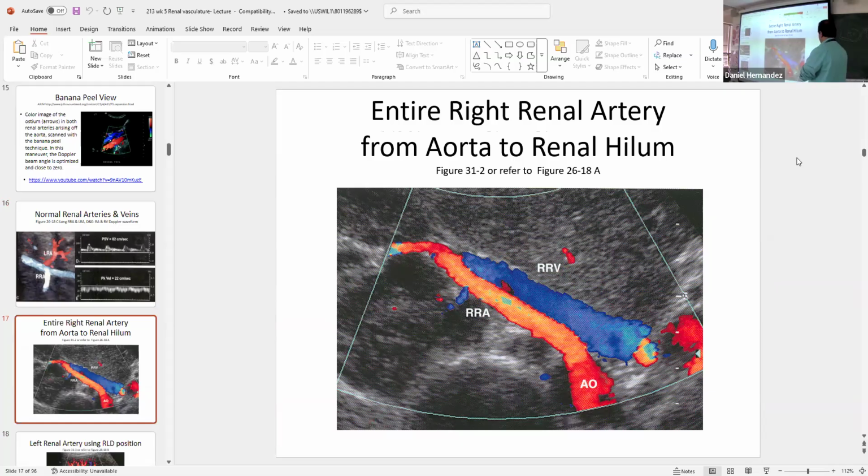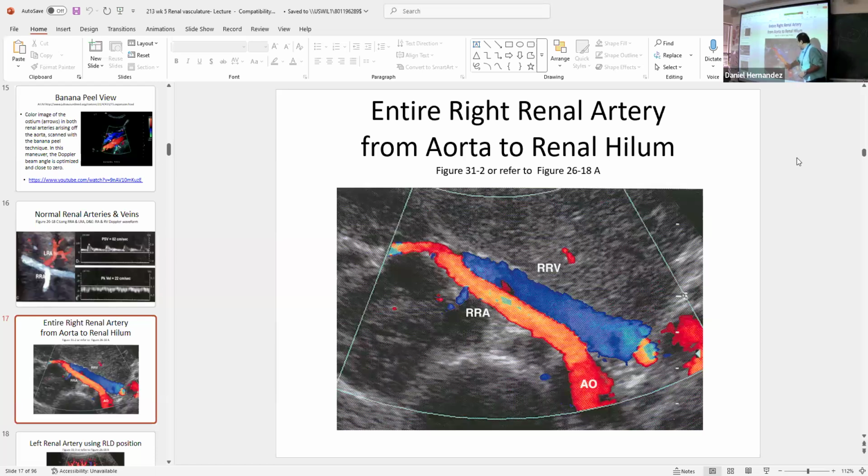And then depending on the patient, you can sometimes get nice pictures showing the entirety of the vessel. It's going to become important for us to be able to visualize the entirety of the vessel to make the definitive diagnosis of renal artery stenosis. Those who've seen these done can attest that oftentimes they're very limited.